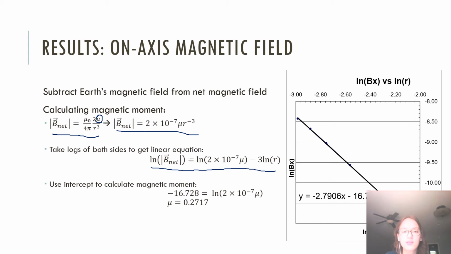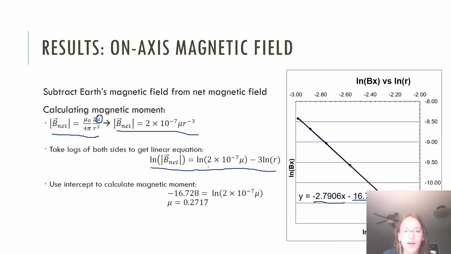It looks similar to the equation on the graph, where the natural log of B net is the y, the natural log of 2 times 10 to the negative 7 mu is your intercept right here, and then negative 3 times ln of r is this term right here. You have your negative 2.8, which is almost negative 3, and then the natural log of r is the x.